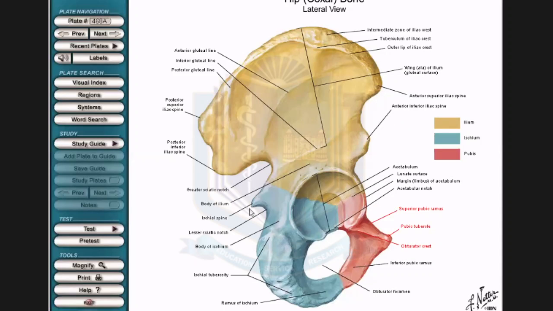Okay, so when we are talking about the hip bone, that is an irregular bone formed by the union of 3 bones, ilium, ischium and pubis. The junction point is the central area, that is the acetabulum.